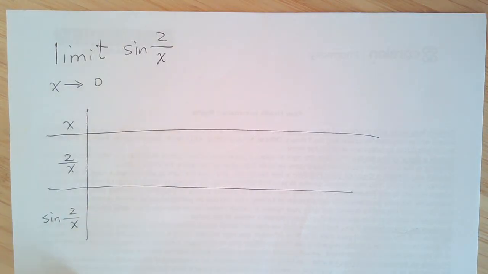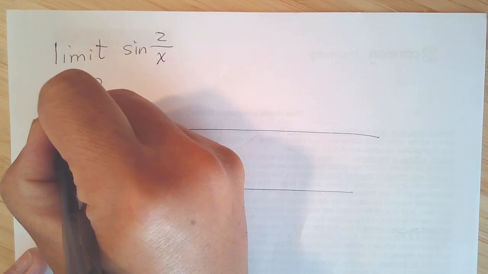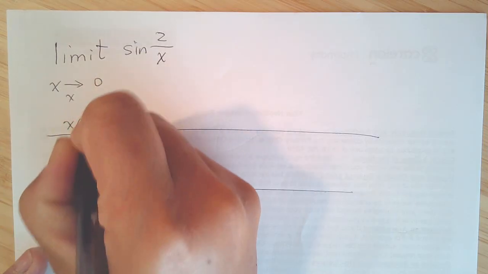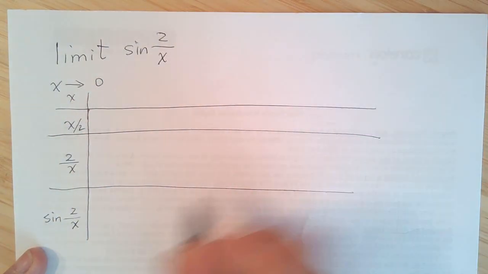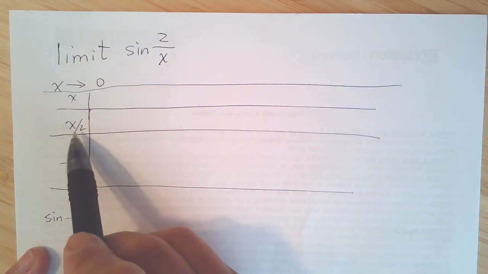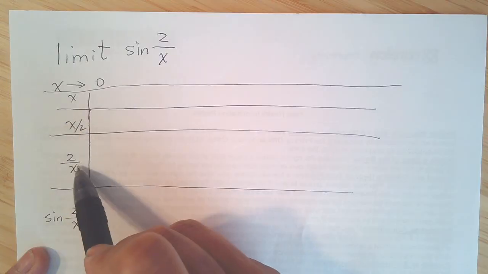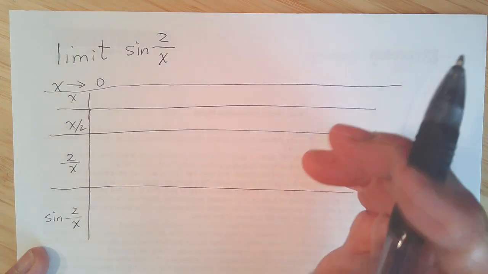Is that okay? Or you want one more step? You get an x, then x over 2. Okay. So if I give it some x value, then you have x over 2, and then you flip it, and then you take sine of it, okay?